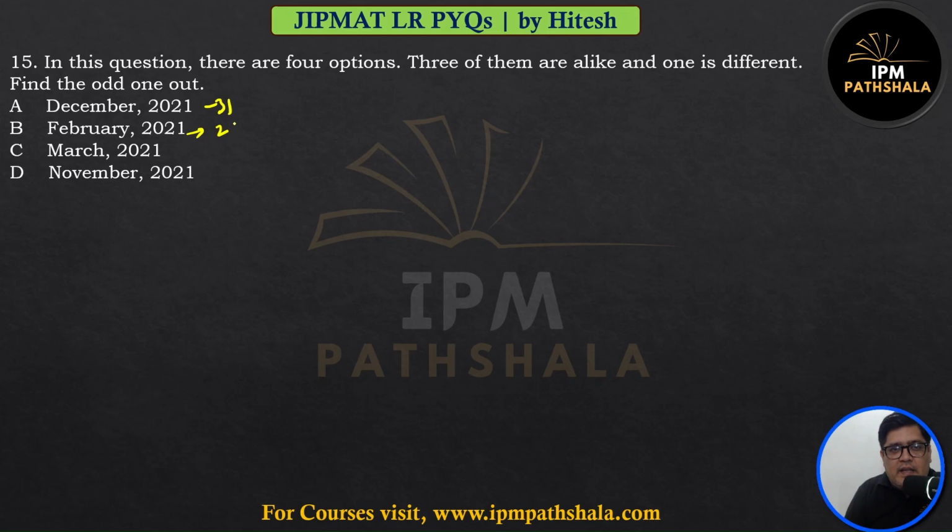This has 28 days. March has 31 days. October, November, December. This has 30 days. So in terms of being odd, two months have 31 days, one month has 28 days, one month has 30 days. So it does not make much difference.